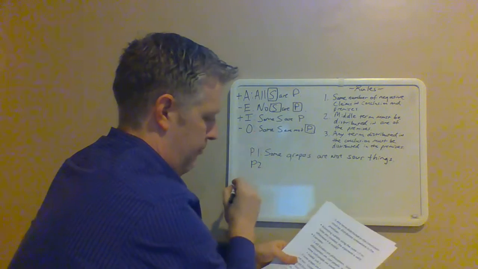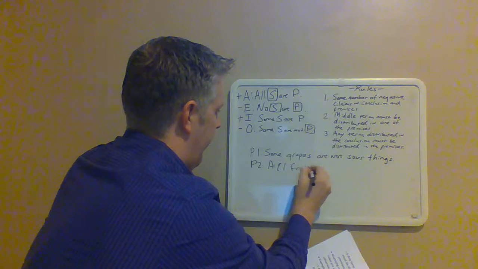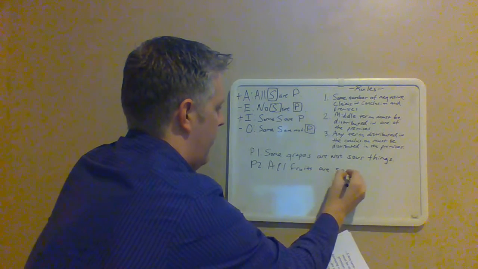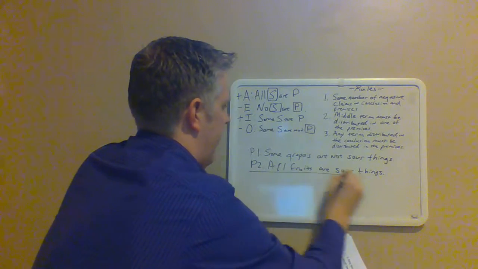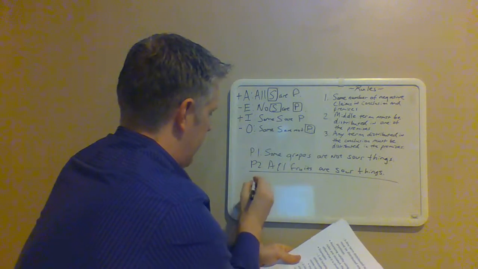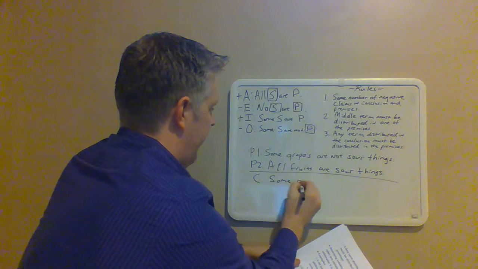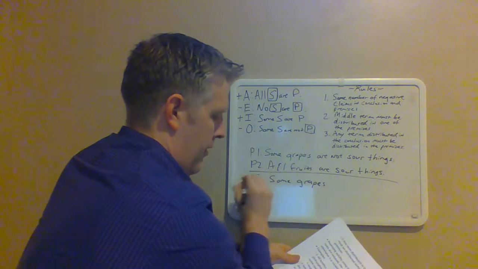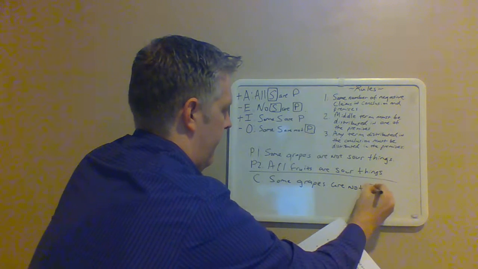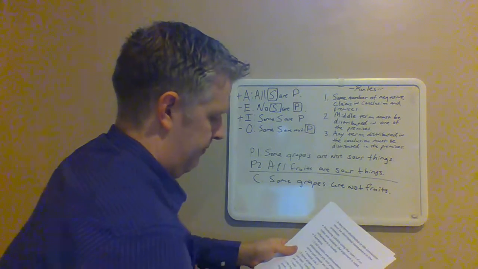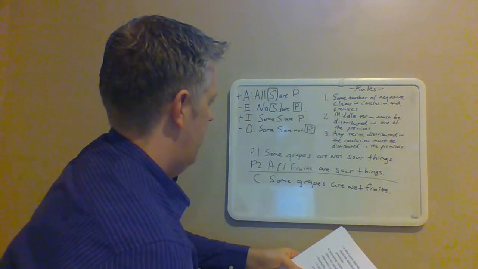Premise 2, all fruits are sour things. And they want us to conclude, consequently, some grapes are not fruits.